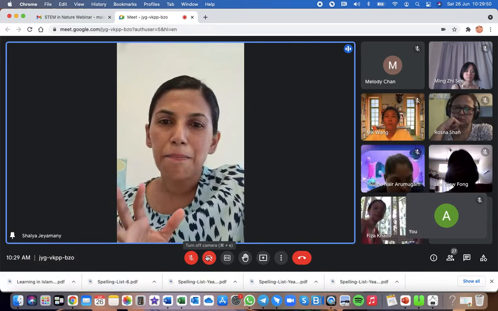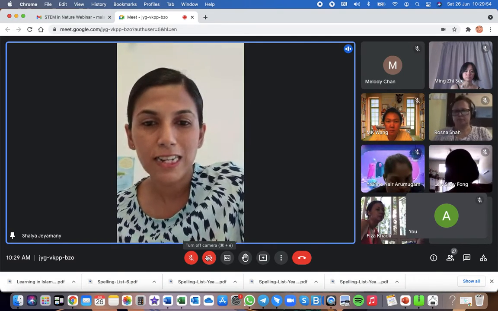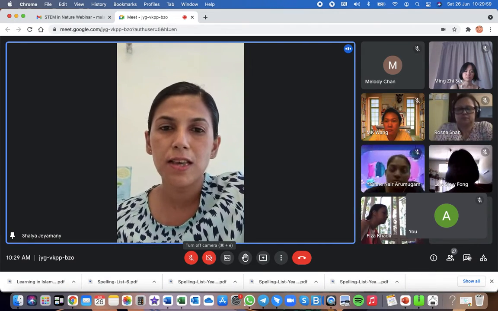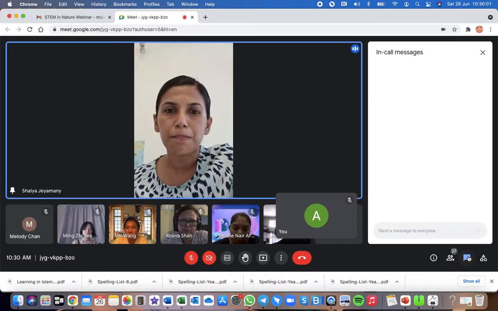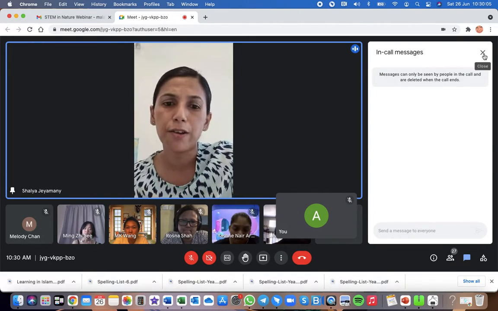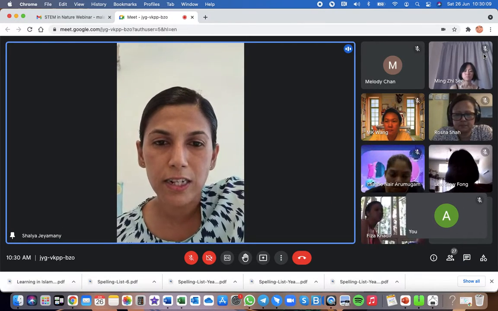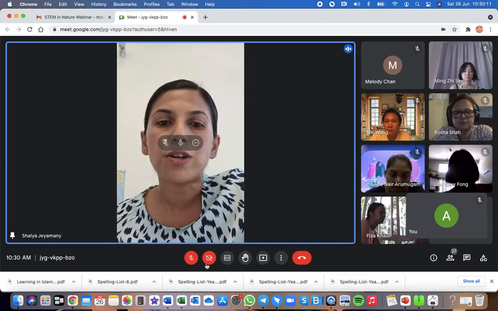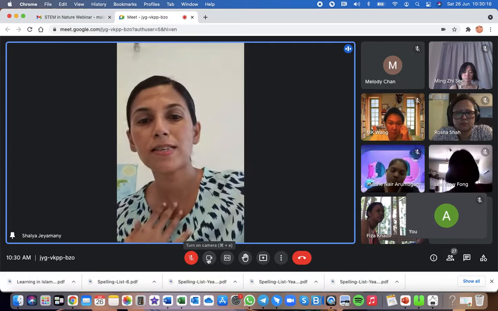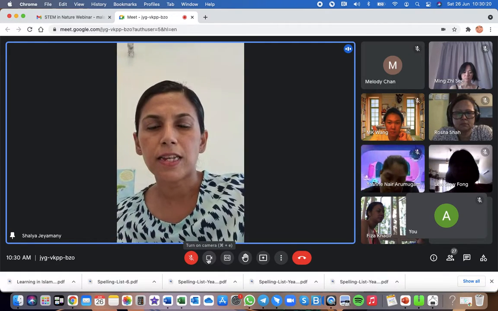Again, apart from the milestone development, every child will have a different learning style, which can be categorized into 3 different categories. I'm not sure if teachers or caregivers are very well aware of the visual child, the kinesthetic child, and also the auditory child, right? The VAK system, with the VAK categories: visual, auditory, and kinesthetic.